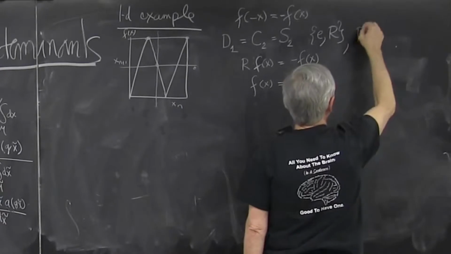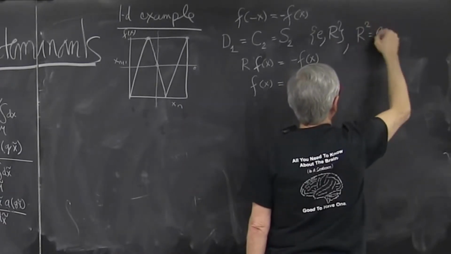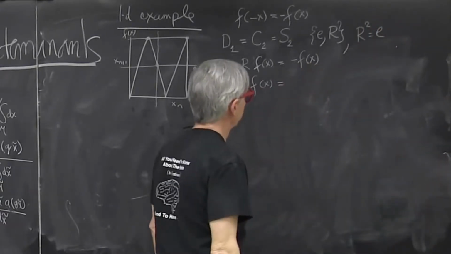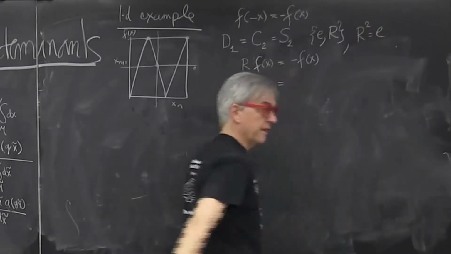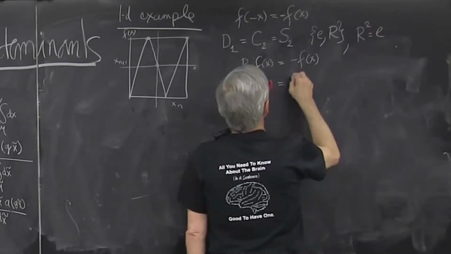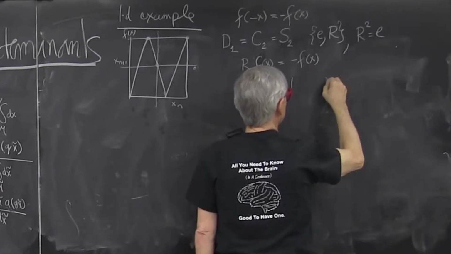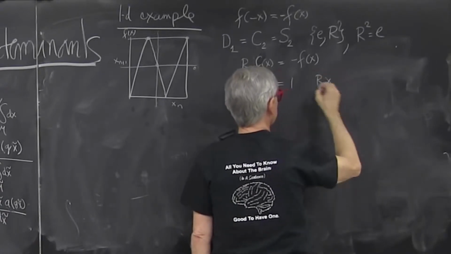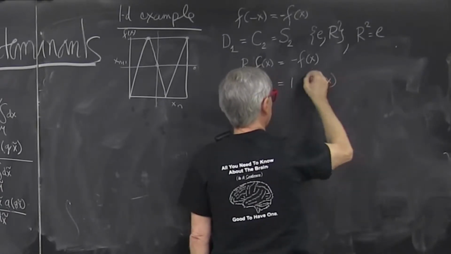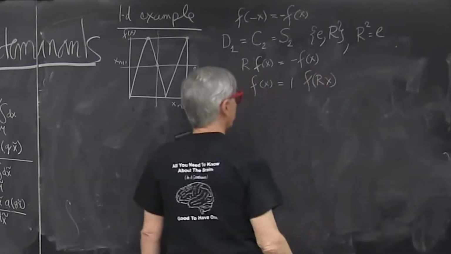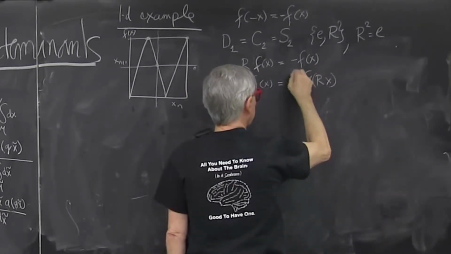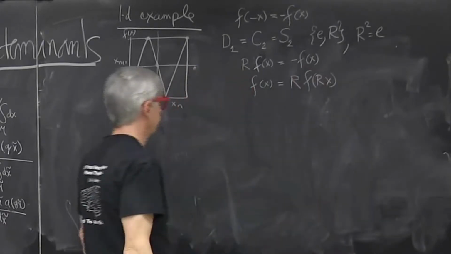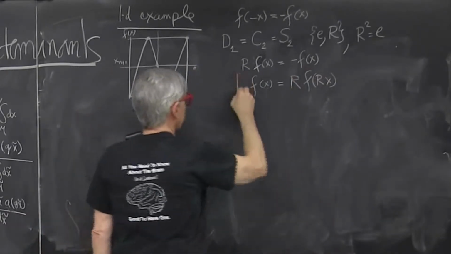And this has a property that r squared is the identity. You reflect twice, you're back, so the inverse of r is the same as r itself. So invariance is you start at x, you flip your initial condition, you apply your law of motion, and you flip it back, the inverse of r, and it's equivariant.